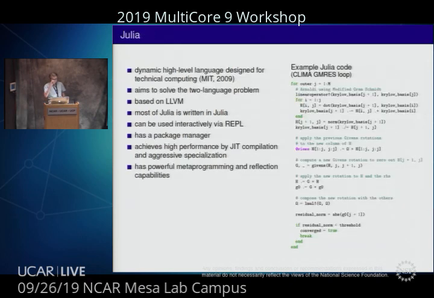Okay, so Julia. Most of you probably heard the name and know a little bit about it, but I will briefly say a few things. It's a dynamic high-level language originating from MIT pretty recently in terms of programming language age.